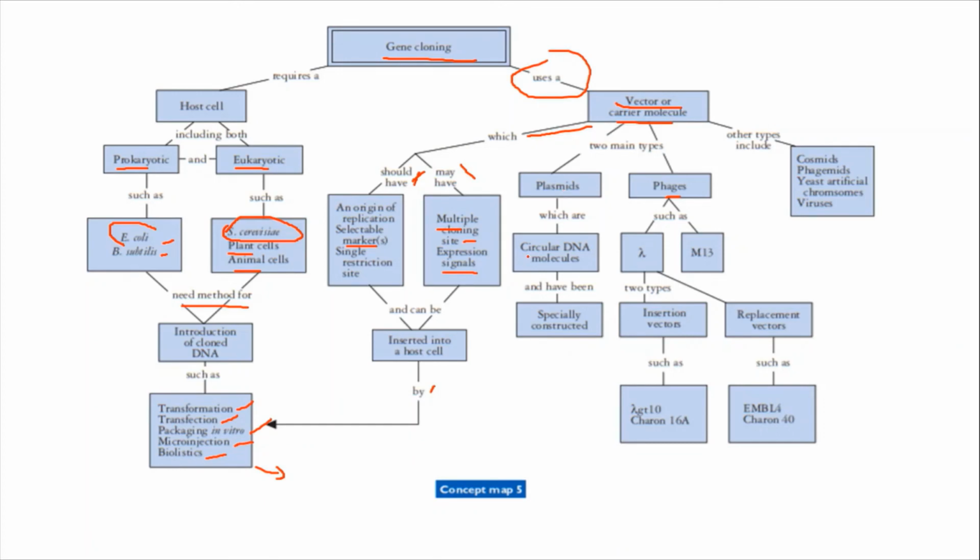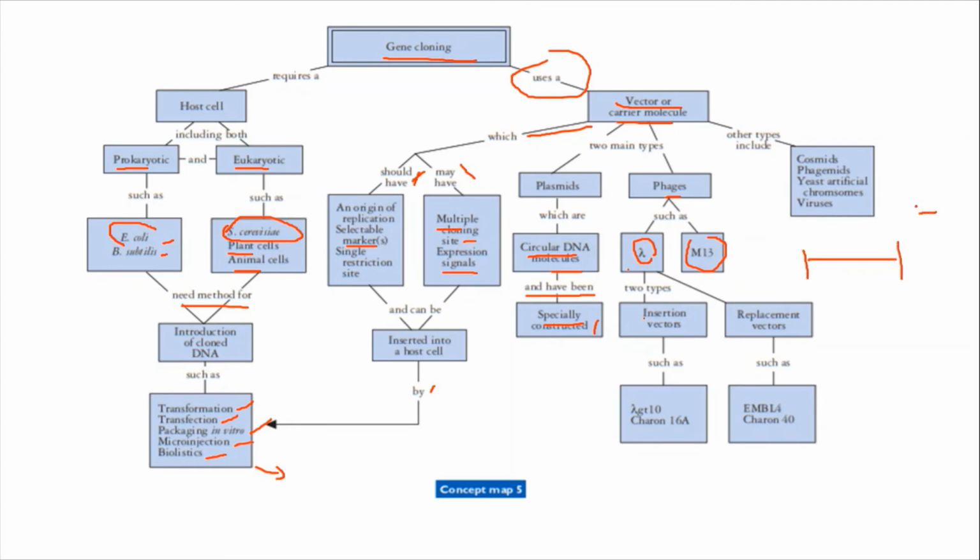Simply defined here: when we take the lambda DNA and insert the foreign DNA into the lambda genome, the genome size is increased. This vector is called an insertion vector.